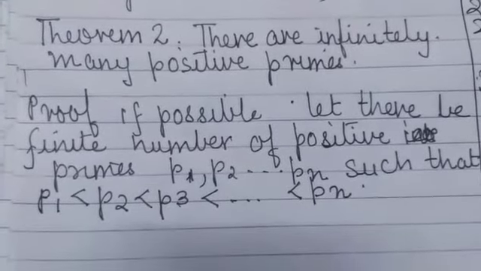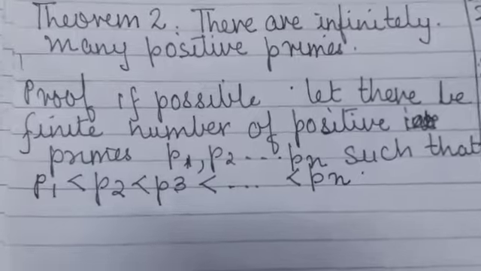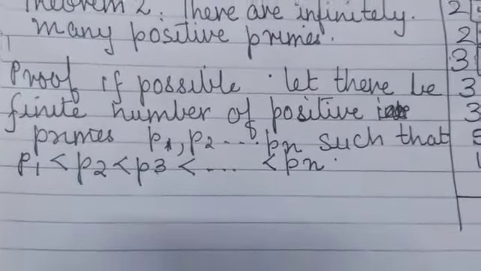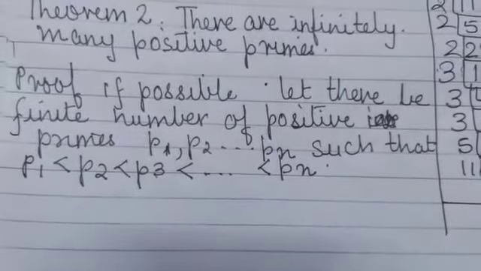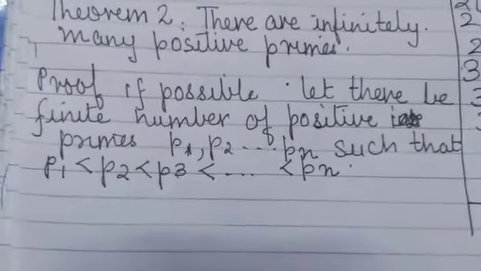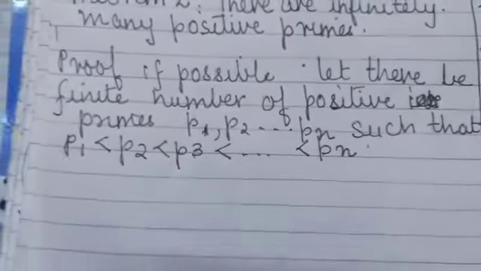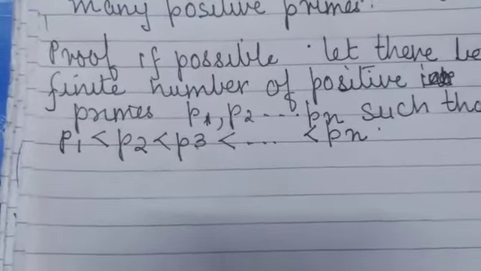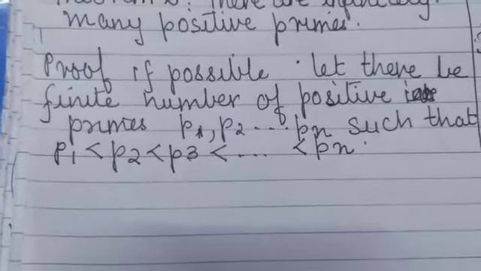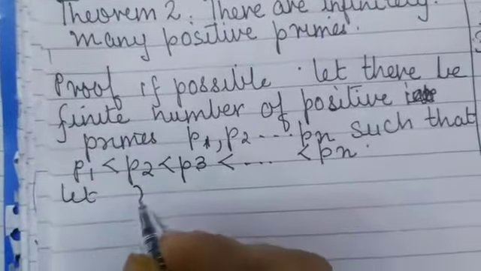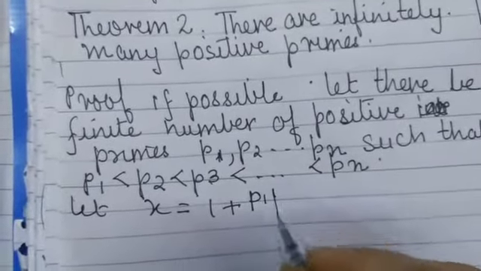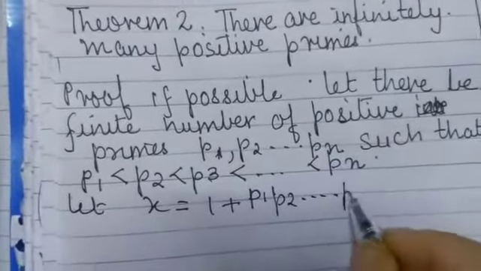Theorem 2. There are infinitely many positive primes. Proof: if possible, let there be a finite number of positive primes p1, p2, p3, so on till pn, such that p1 is smaller than p2, p2 is smaller than p3, and so on, less than pn. Now, let x be equal to 1 plus p1, p2, so on till pn.